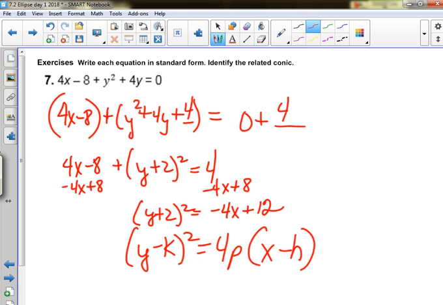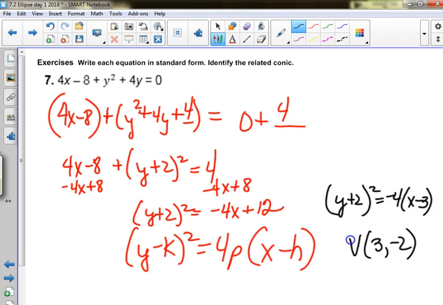Then what? Take out a negative 4, which is x minus 3, right? So the vertex is at 3, negative 2. Yes.